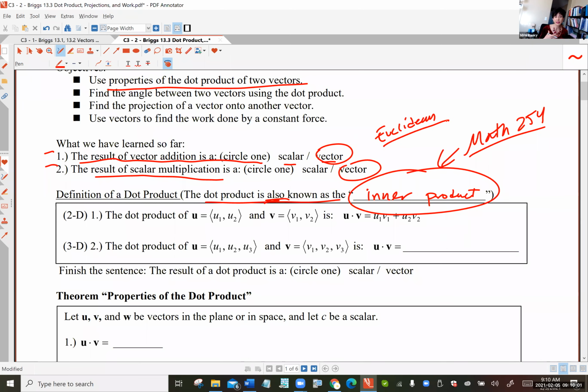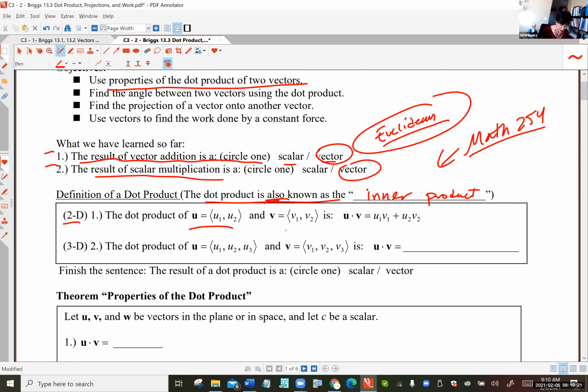And that's the one we learn. But when you take a linear algebra class, it starts getting really wacko because they'll talk about the Euclidean one that we do, and then they'll even introduce some weird ones. Good luck.